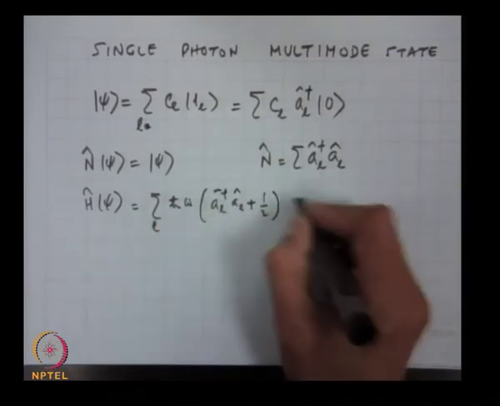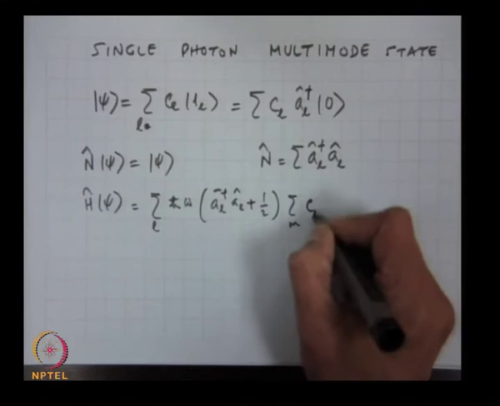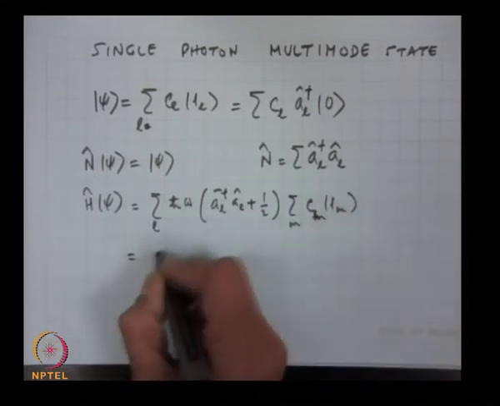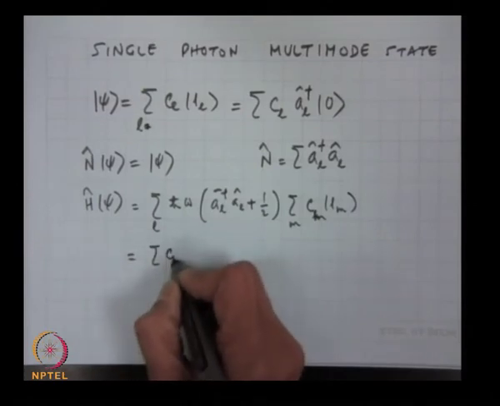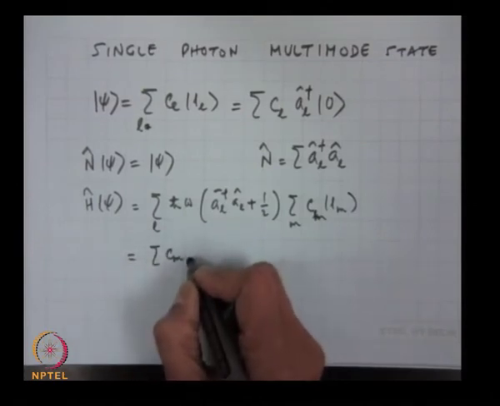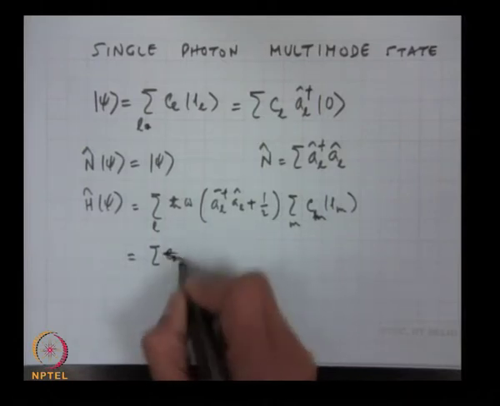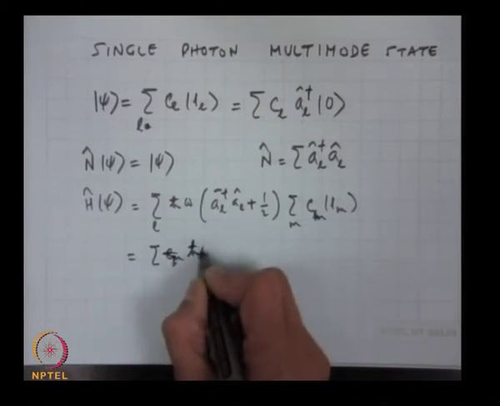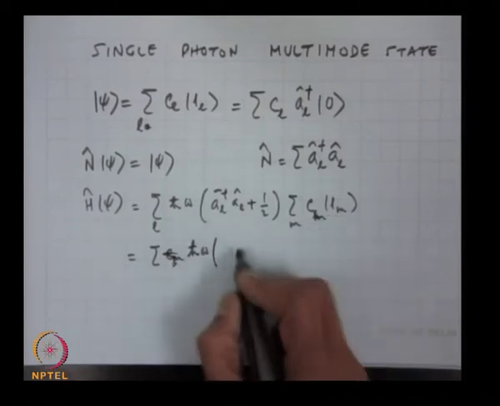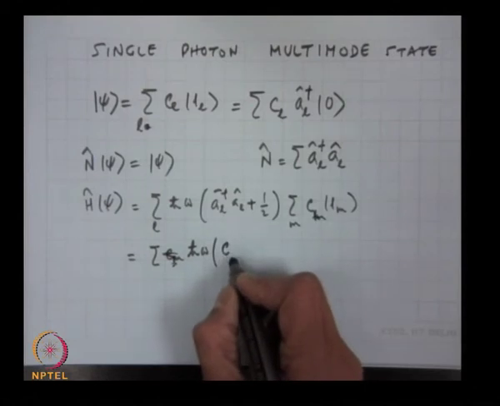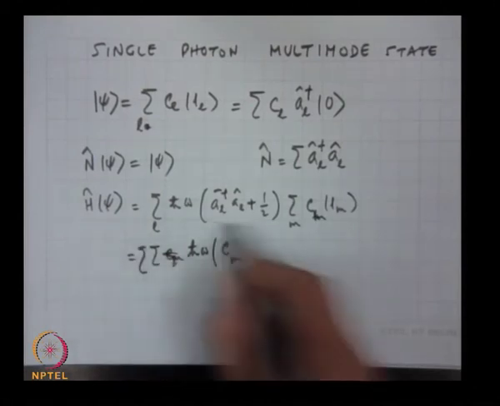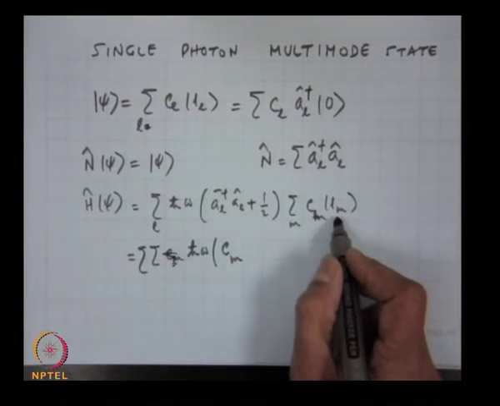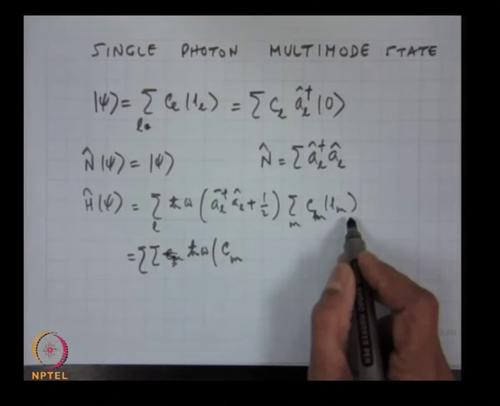So if I call this L, this is M, C_L |1_L>, |1_M>. So this will be equal to sigma C_M h cross omega, A_L dagger A_L operating on |1_M>. If L is equal to M, it gives me 1.